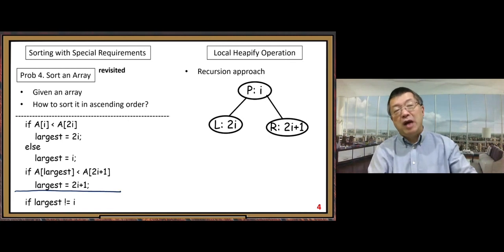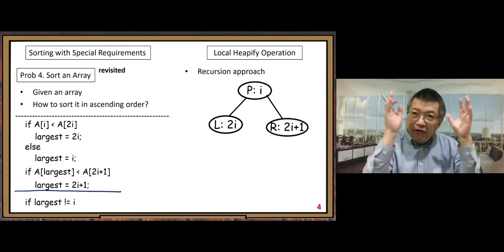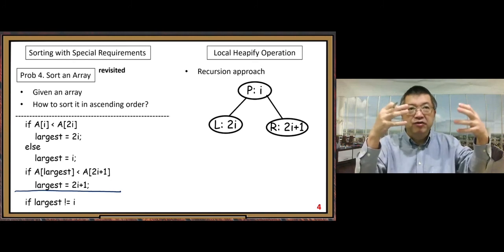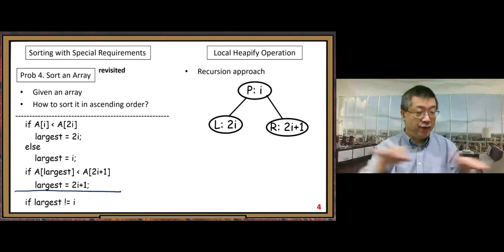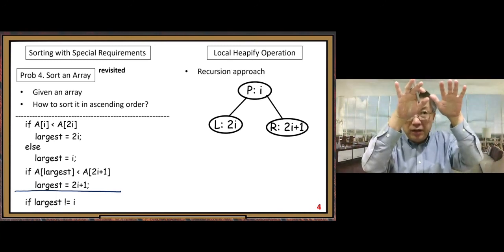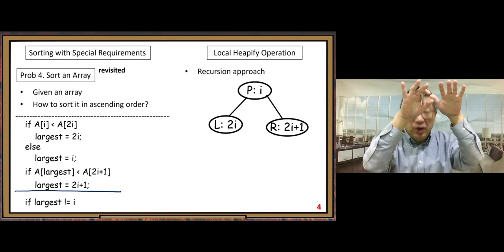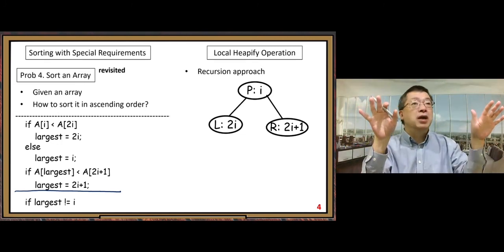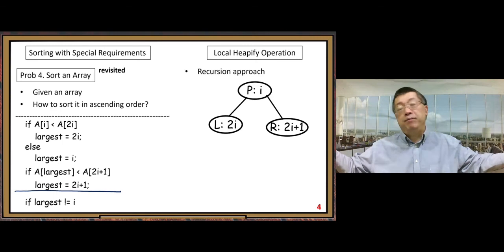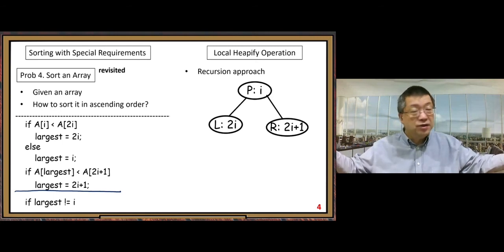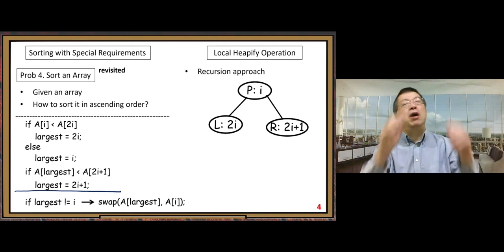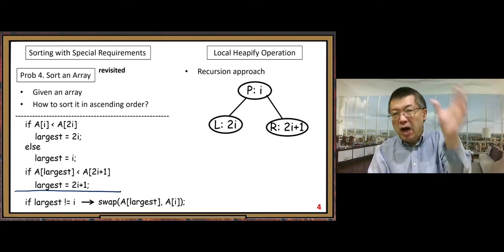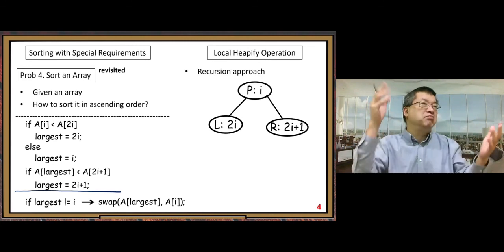After that, our largest variable stores the index of the largest value of the 3 nodes. But that largest variable could store the I index, right? If it's the I index, do nothing. There is no violation. But if largest is not equal to I, then we do the swap operation. Swap A of largest and A of I.